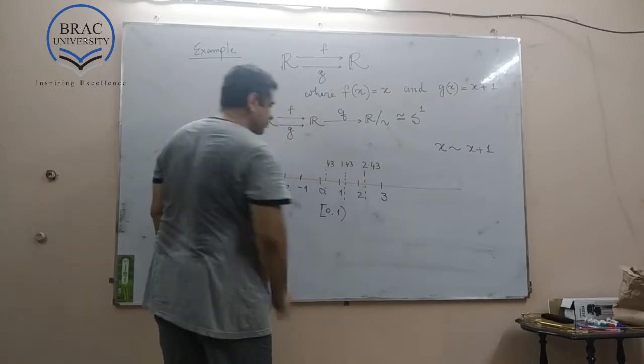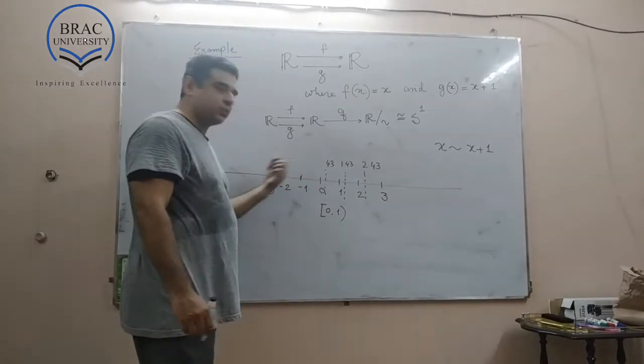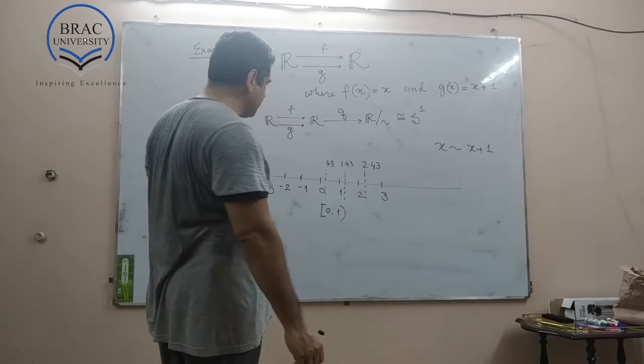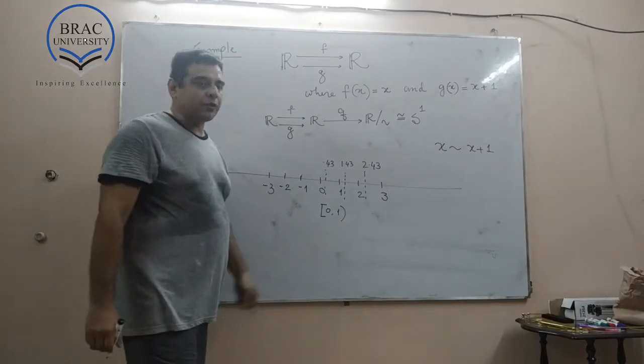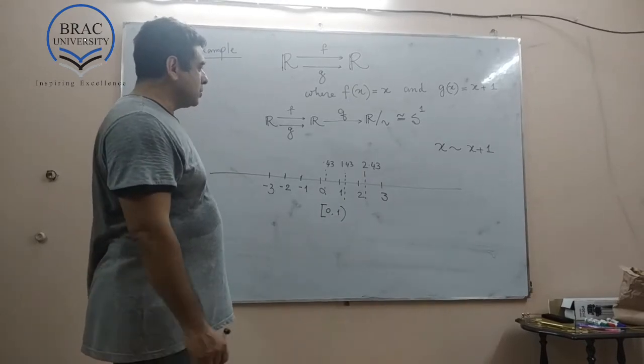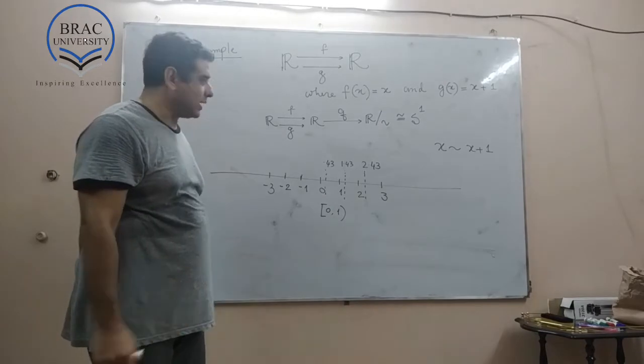And so there is one to the left of 0, which is also equivalent to 0.43. Okay? Just have to subtract 1 from 0.43 to get that point here on the left side of 0. So these are all equivalent, meaning that they belong to the same equivalence class.